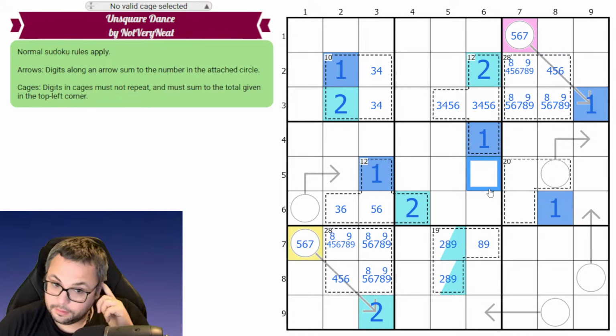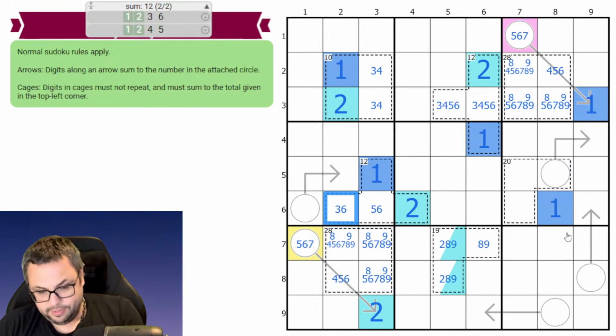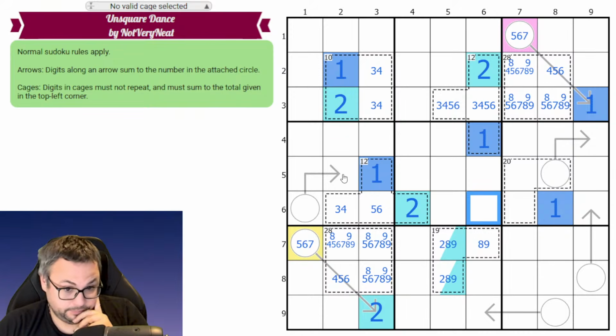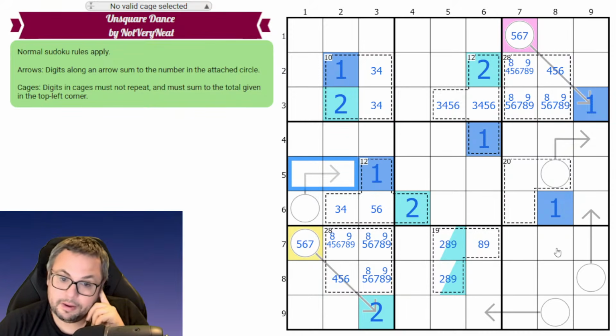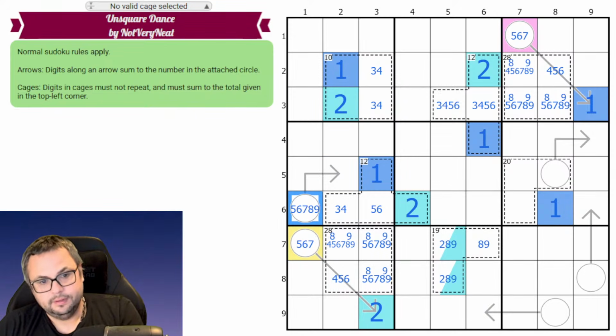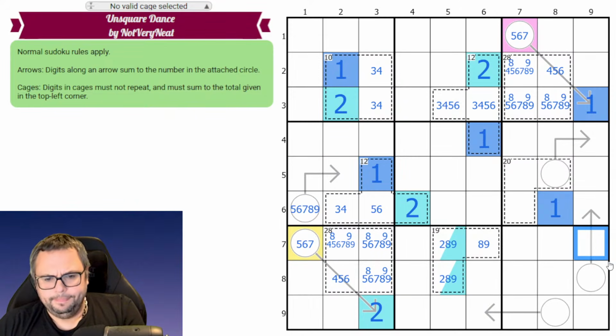I didn't do that correctly. That was supposed to be a 3 or a 4. Okay, so now these are a minimum of 2, 3. So this is at least a 5. Okay.